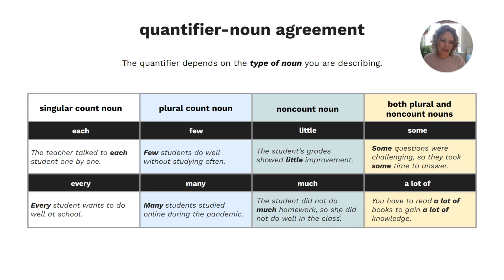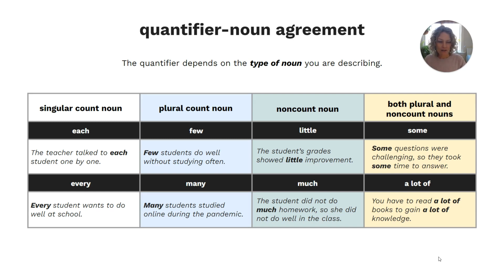So books is a plural noun and knowledge is a non-count noun, and we can use the quantifier a lot of to describe a large quantity of either of those. So these are just a few of the quantifiers. There are a lot of them. I focused on these ones because these are the ones that students often make mistakes with, and they're also really useful ones that we use often.